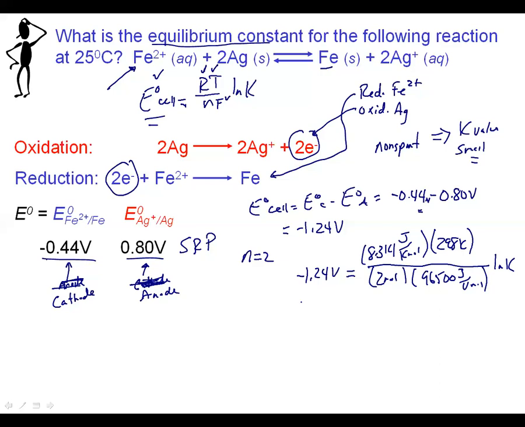That's going to give us minus 1.24 equals 0.0128, we'll call it 37, natural log of K.